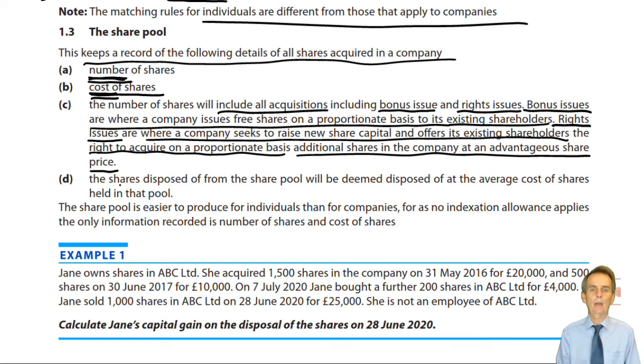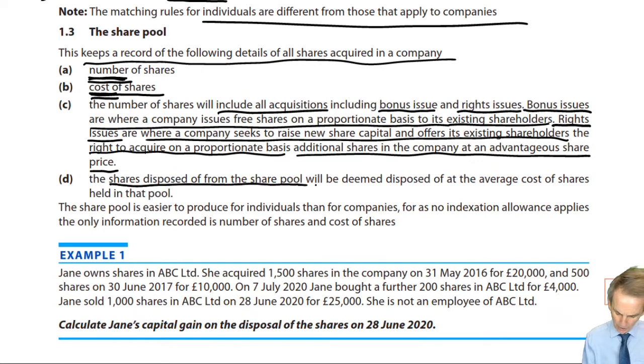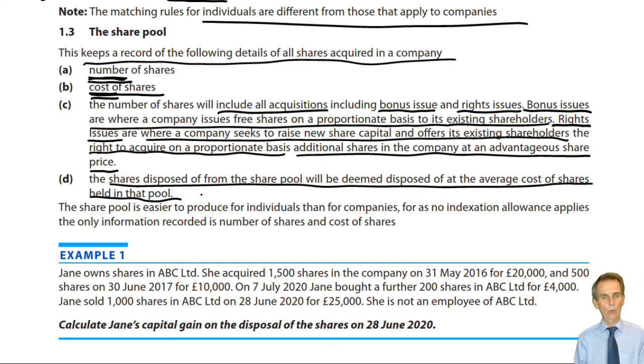As we'll see, we have separate notes and separate examples dealing with each of those circumstances, so we'll be going through the detail of that very soon. The shares disposed of from the share pool will be deemed disposed of at the average cost of shares held in that pool.